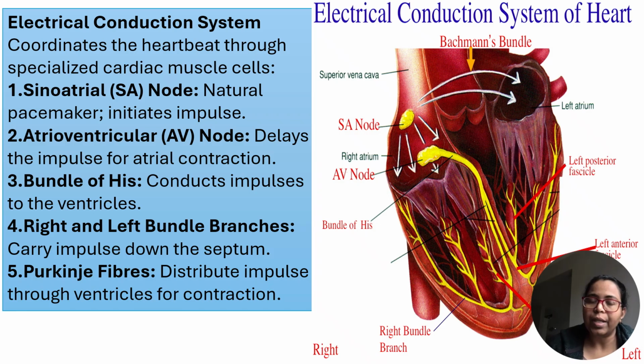So the electrical conduction happens when the SA node activates, it goes to the AV node, through the AV node to the bundle of His, and it spreads through the Purkinje fibers to the whole heart. So this is called the electrical conduction of the heart.